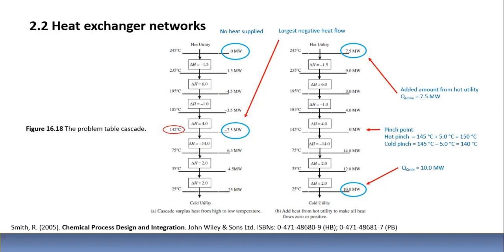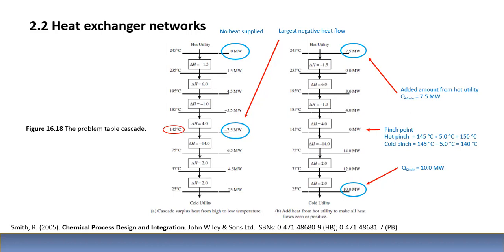So when saturated steam condenses, it gives up more than 2,000 kilojoules of energy. So it is a lot of energy per kilogram of saturated steam. That's why it's way cheaper to use steam than any other way of heating up a process.